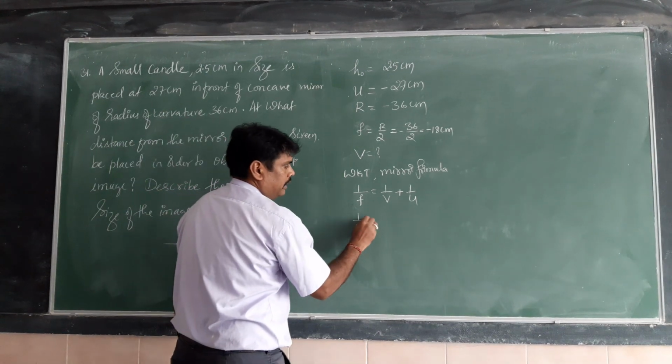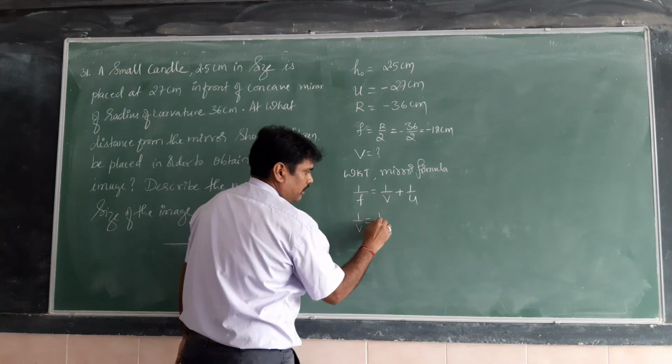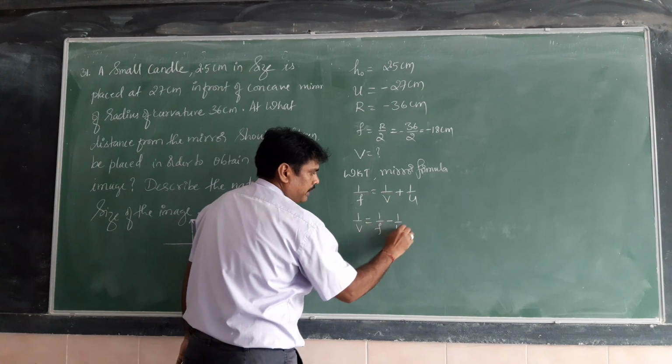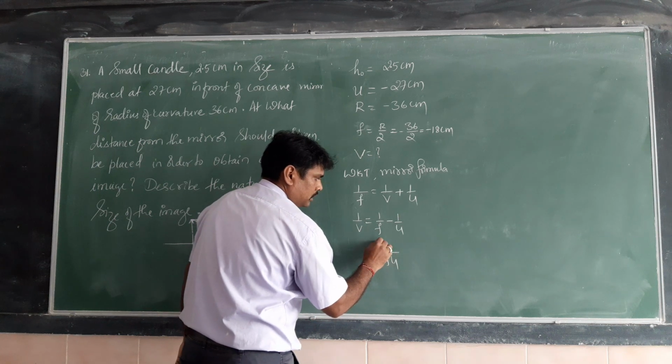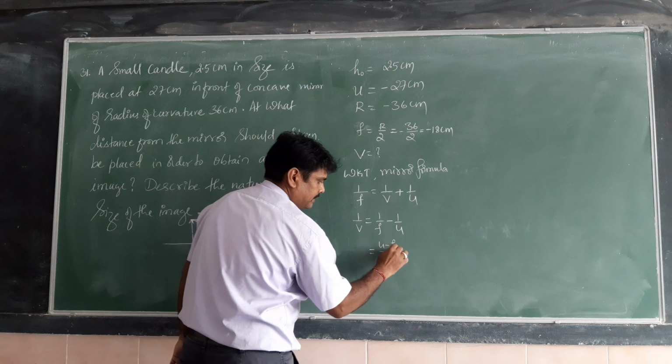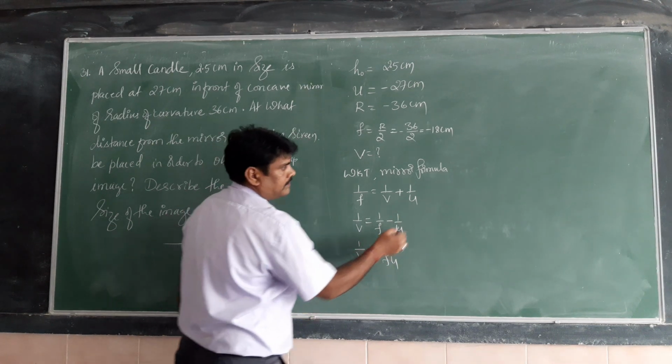So 1 by V is equal to 1 by F minus 1 by U. Taking the common denominator, this will become U minus F over FU. So 1 by V is equal to this.